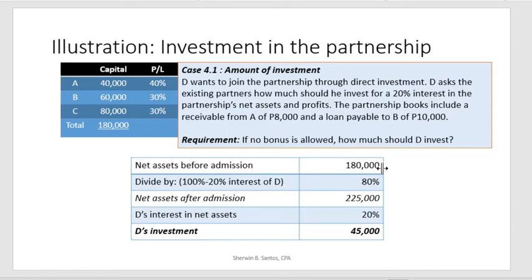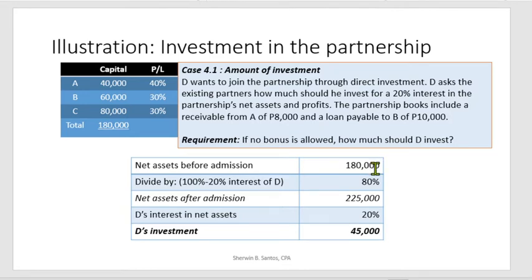So, how do we allocate this? You have to divide yung 180 na net assets before admission to 80%. So, bakit 80%? Because yung total na 100, babawasan mo siya ng 20% para ma-reflect na itong 180 ay 80% na lang. Gets mo ba? Para makuha mo na itong 180 ay 80% na lang, you have to divide.